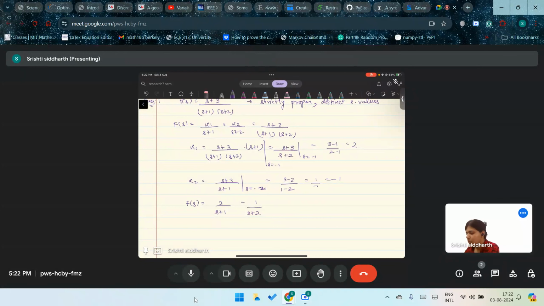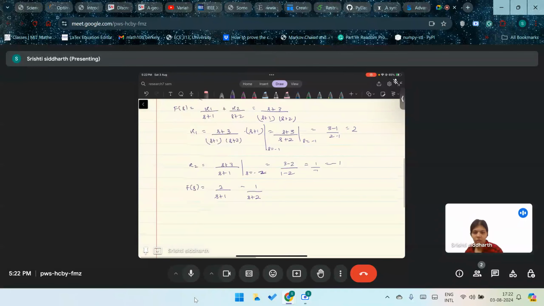Now let's move on to a case when the transfer function is not strictly proper.